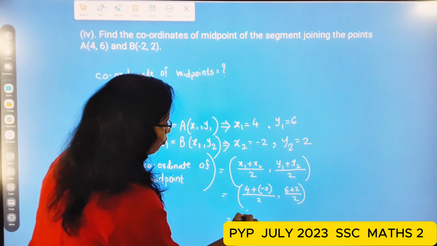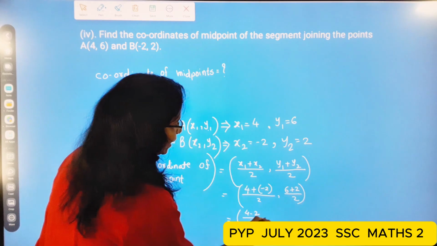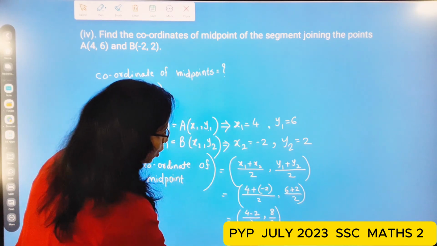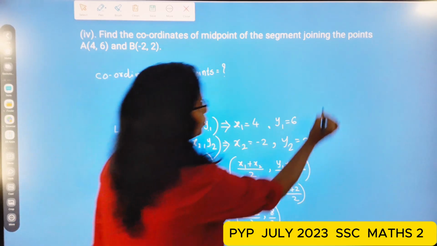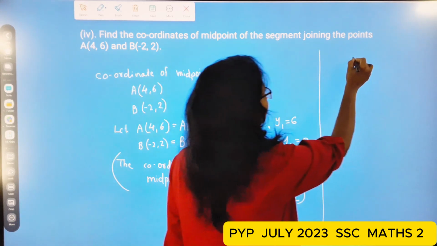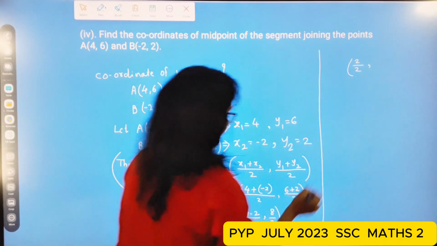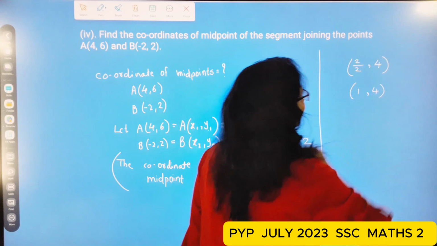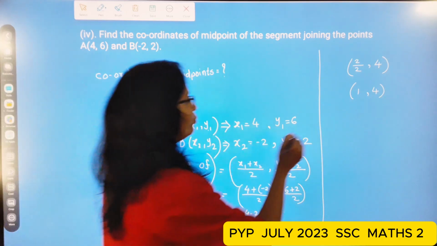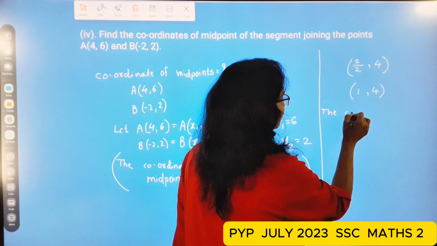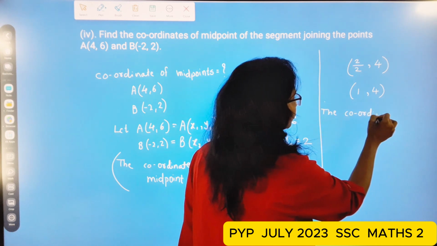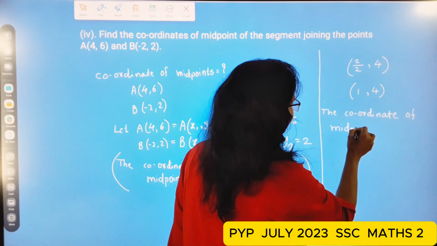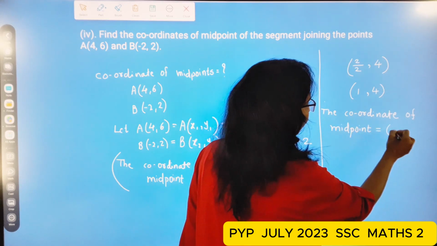Then 4 minus 2 upon 2, and 8 upon 2. That means 2 upon 2, which is 1, and 8 upon 2, which is 4. So the coordinates of the midpoint are (1, 4).